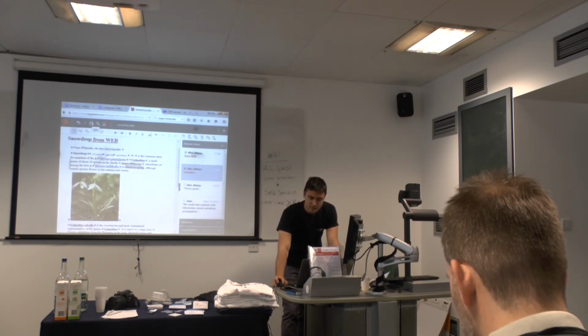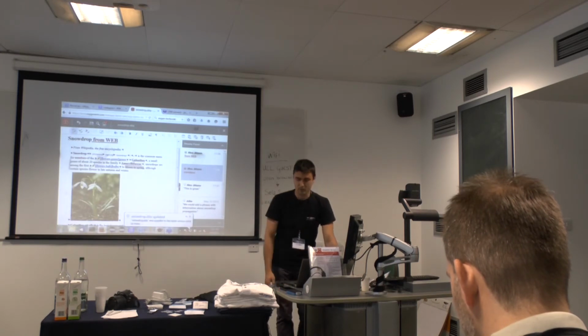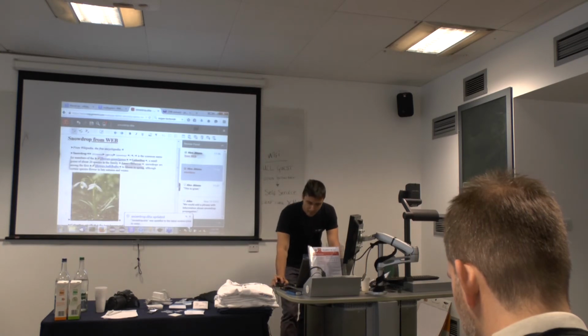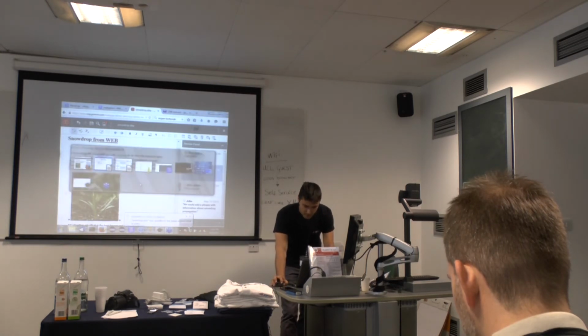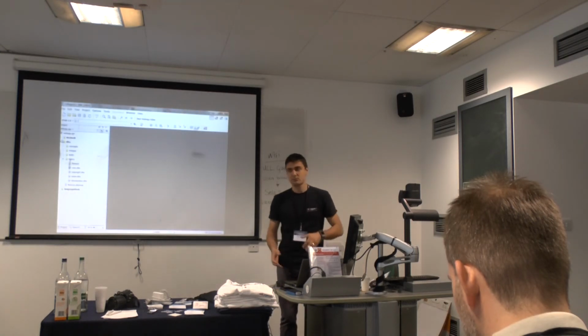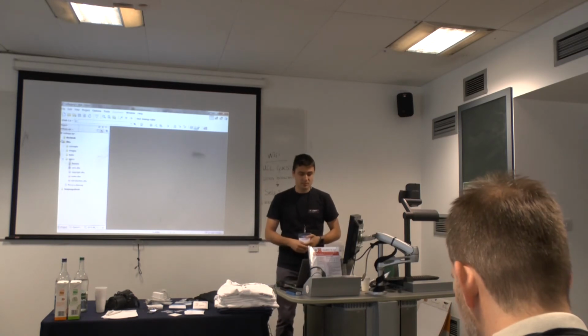I can save the document like this, and it's going to be updated in the Dropbox account. And what I did is, with Dropbox you can create a hot folder on your file system, and it automatically updates.